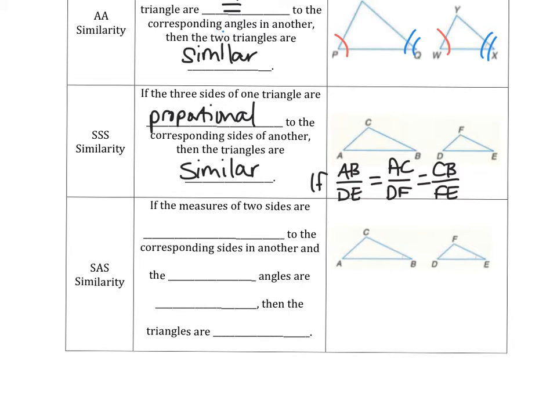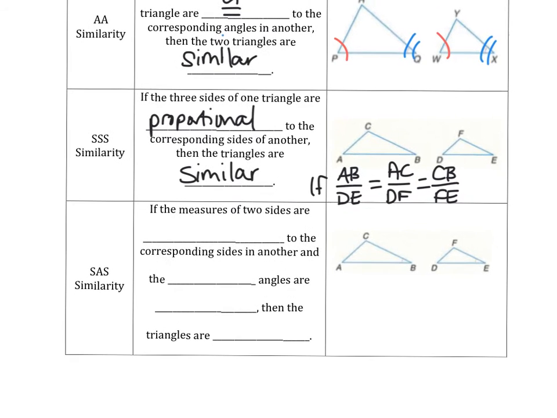All right, our next theorem is side-angle-side, and it states if the measures of two sides of a triangle are proportional to the corresponding sides and the included angles are congruent, then the triangles are similar.